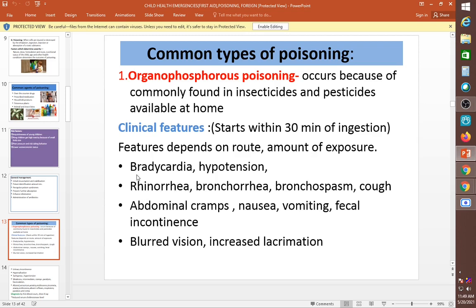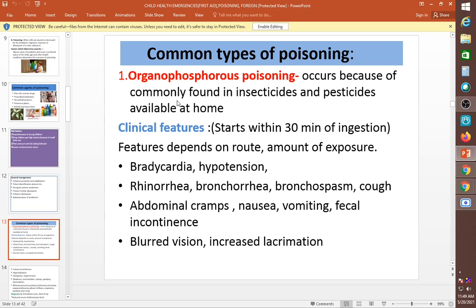Bronchorrhea is from the bronchus, that means cough with mucus will come. Then there is bronchospasm. Do you know what is bronchospasm? There is spasm of the airway, and later on it may result in wheezing. Then there is cough. From nose it is going inside. Do you understand now?